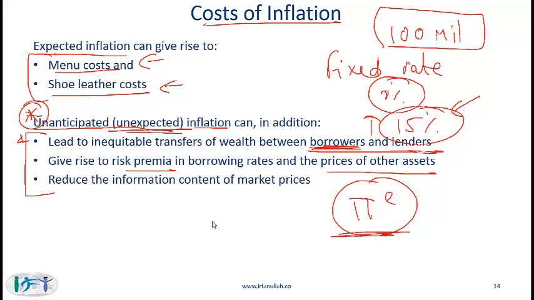Because of that premium, rates will be higher, and from a company perspective, the cost of raising money becomes higher, which obviously will have a negative impact on the economy. And finally, unanticipated inflation reduces the information content of market prices.